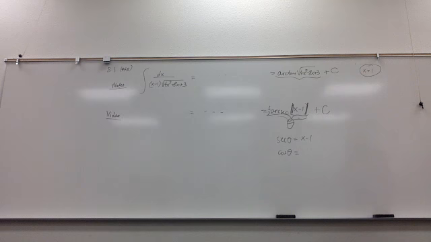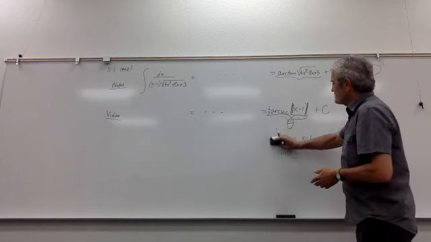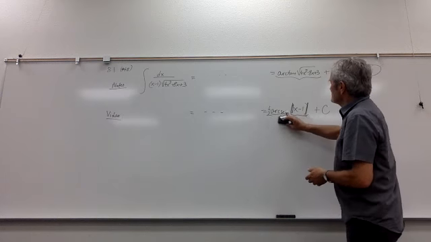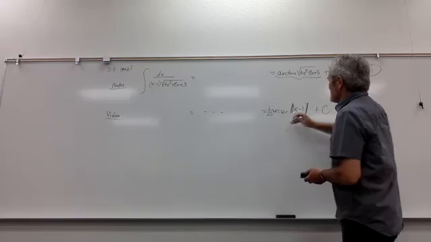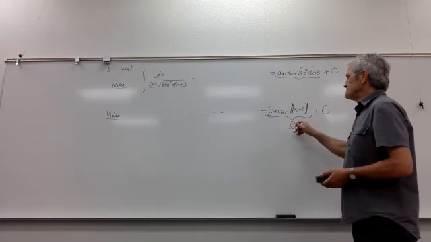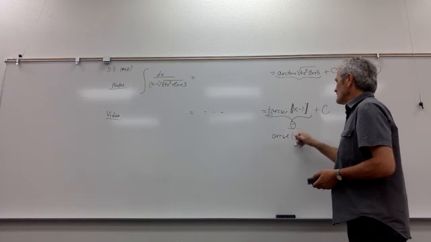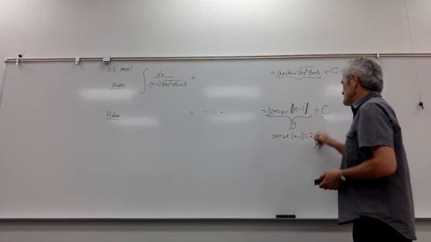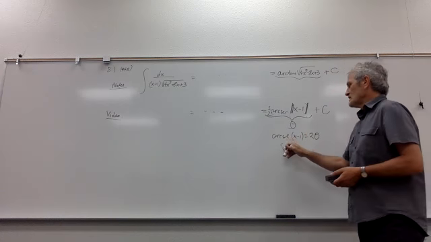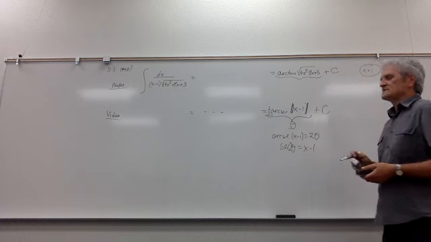Let me label the whole thing with theta. It might be easier. So that's theta. So what do I get? Arcsecant of x minus 1 is basically 2 theta. So I know that secant 2 theta is x minus 1.